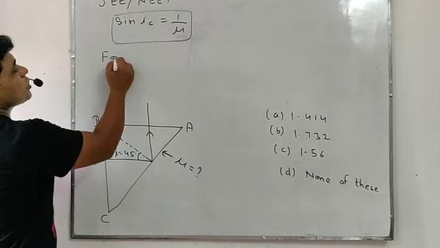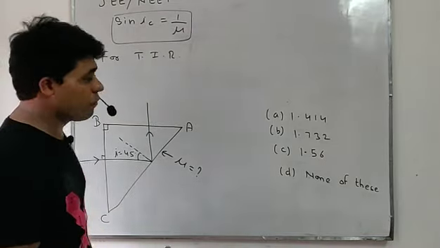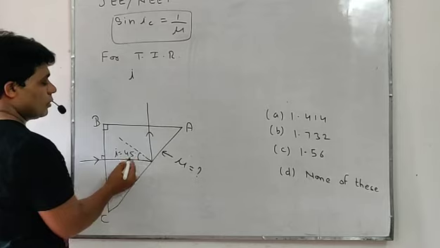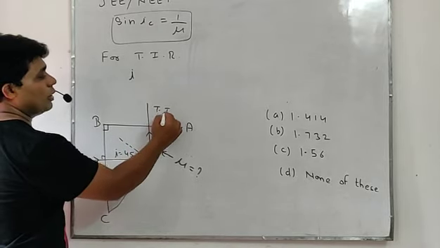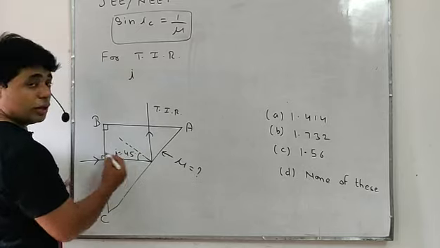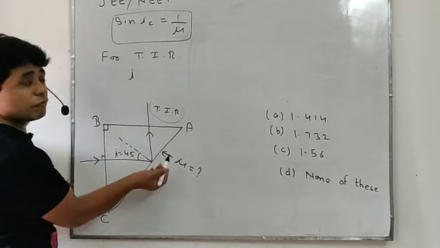Now students, the condition for total internal reflection: a ray of light is incident and it is reflected, this is called total internal reflection.